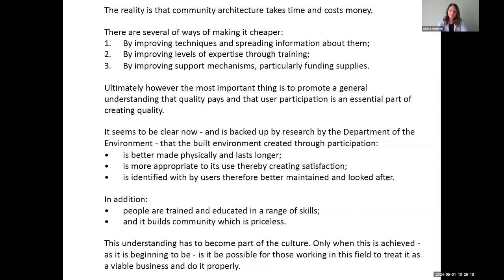So all those points come up to a conclusion which, as in all the cases I presented to you, is benefiting the community and community-based architecture or design.